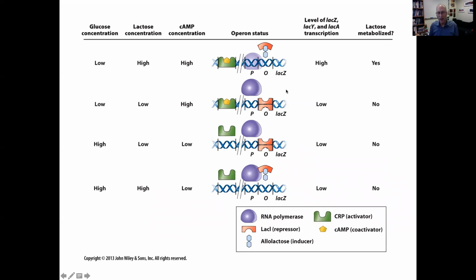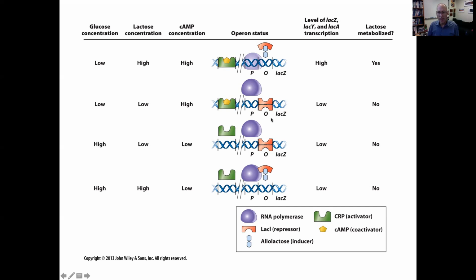So in order to sort this out, what you have to remember is if the LacI repressor is bound to its operator, transcription is not going to go anywhere. It's going to stay very low. Okay? Doesn't matter what CAP is doing. If the LacI repressor blocks the way, then not much is going to happen. Okay? But the only way to get high expression is to have CAP bound to cyclic AMP. Okay?